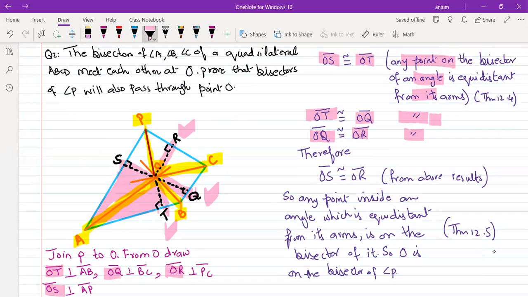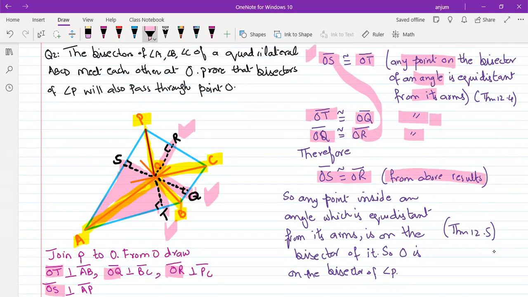So OQ and OR are also equal. From all these results, we can see that OS is equal to OT, OT is equal to OQ, and OQ is equal to OR. So OS is equal to OR, by combining all the above results.